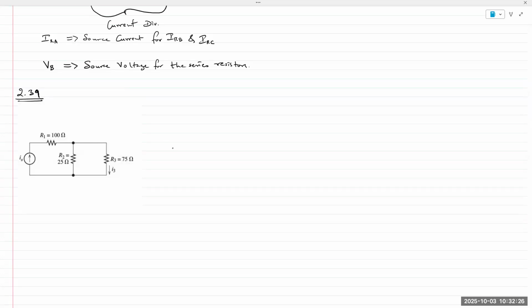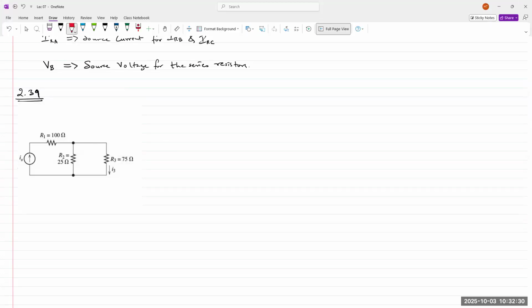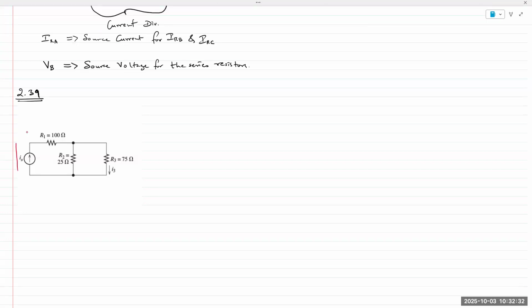Meaning if IS is flowing as shown, going from bottom to up, it has nowhere else to go except make a right turn and go through the 100 ohm resistor. So the current flowing through the 100 ohm resistor is IS until it gets to this node. And when it gets to that node, it gets divided.